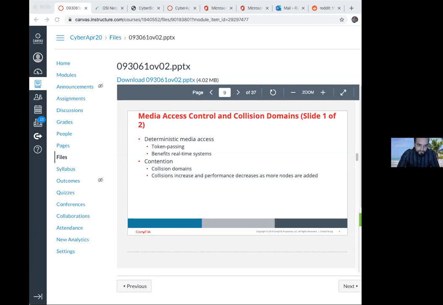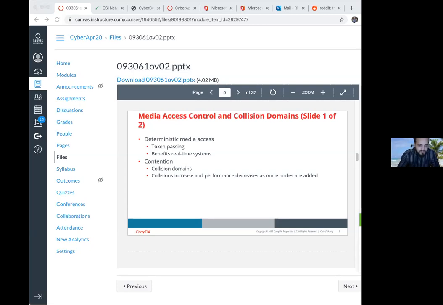Then we have contention. Contention-based access is where each node competes for the use of the transmission media. A collision domain includes all the hosts on a specific segment or connected to the same hub.